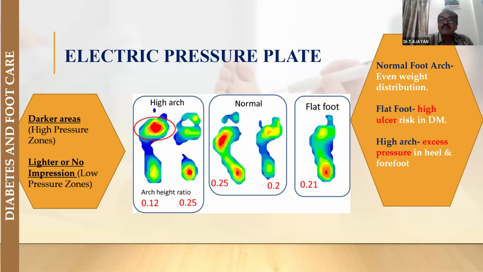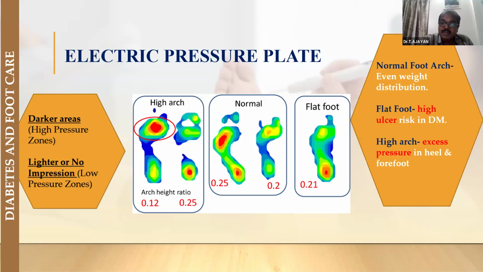There is a normal foot arch with even weight distribution; flat foot carries a high ulcer risk for diabetes mellitus. Therefore, these pressure areas we carefully check again and again, every visit. These are weight bearing areas.